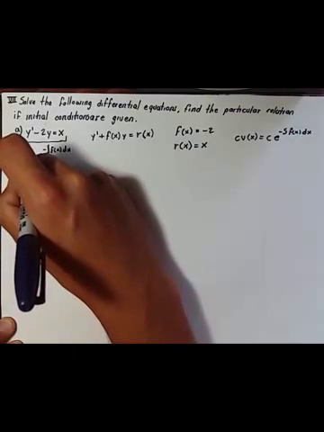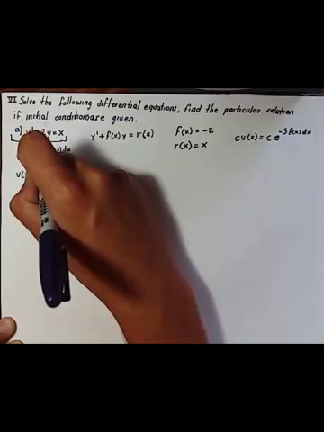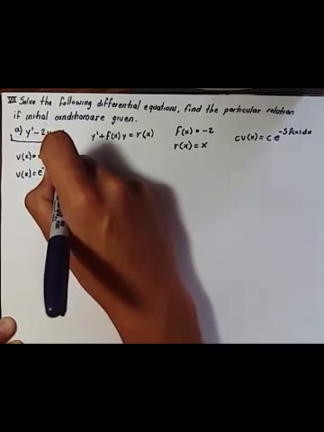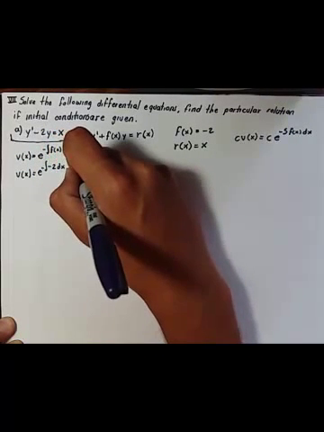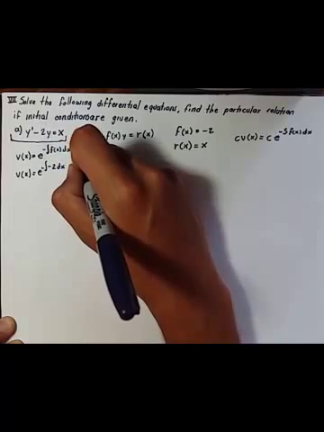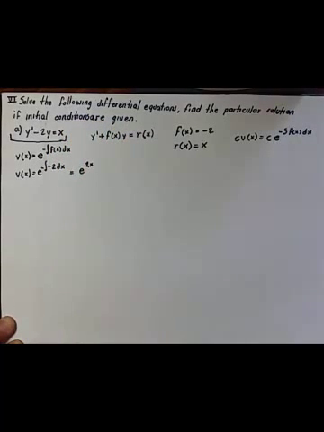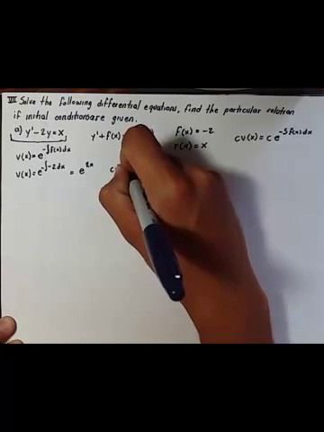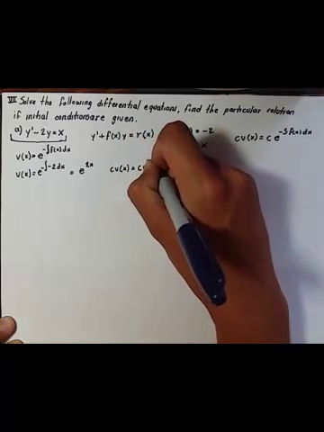So we know that v of x equals e to the minus integration of -2 times dx. So we have that v of x equals e raised to the 2 times x. Okay, so cv of x equals the constant c times e raised to the 2x.